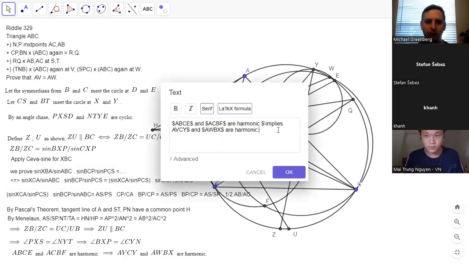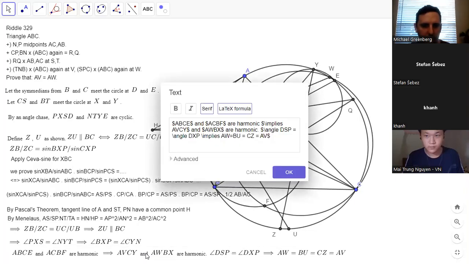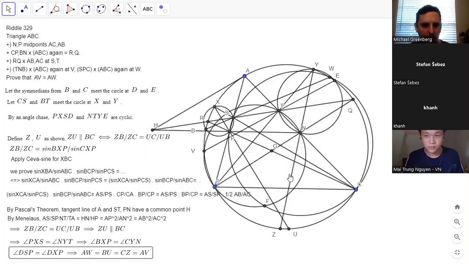So DSP, so I'll just say equals CZ equals AB. So did we even need these? Okay, so we don't need these harmonics really. We could just finish it off like that.